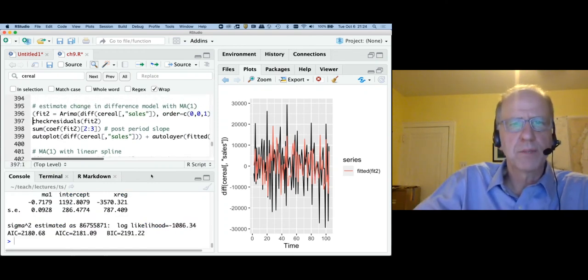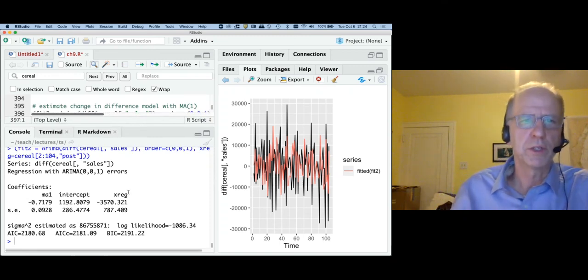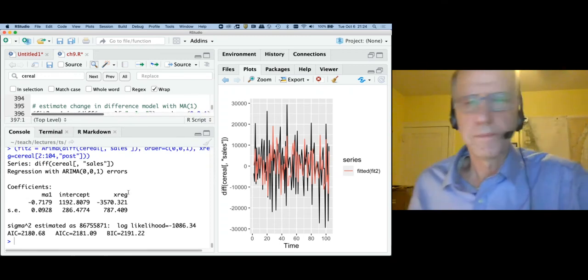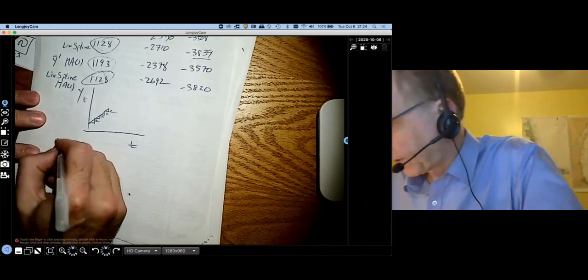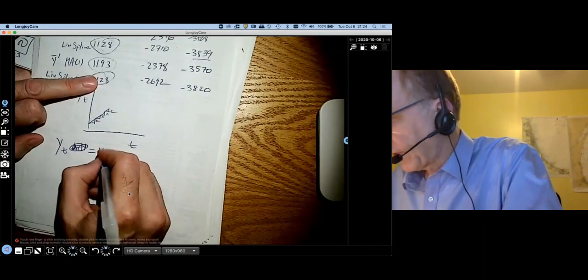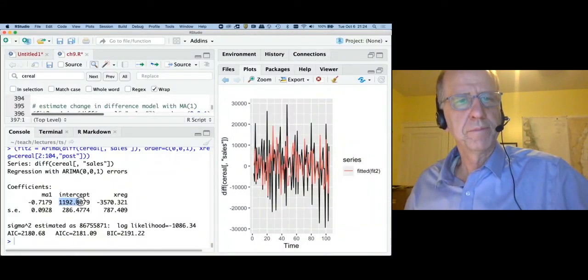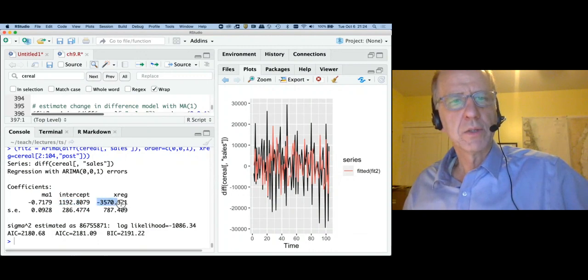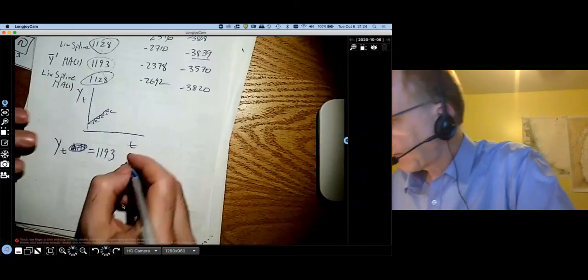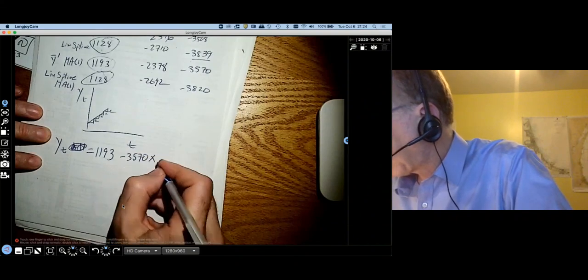It's probably a good idea, so let's go back to this previous model and state the estimated regression equation. The estimated regression equation would be something like this. Y_t is equal to 1193, that's that number, minus 3570 times x.